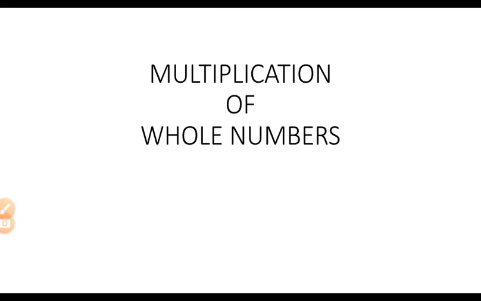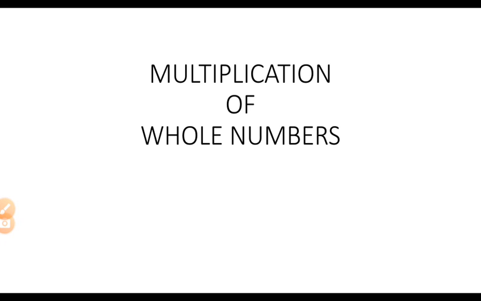In today's class, we are going to be looking at multiplication of whole numbers. Previously, we discussed addition and subtraction of whole numbers. But this time, we are going to be looking at multiplication, which is repeated addition.